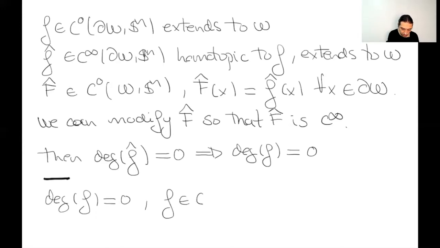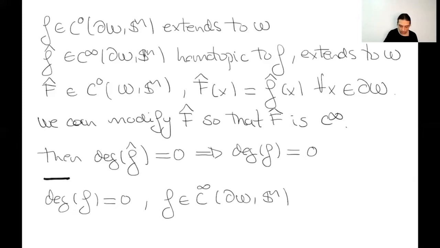Our f a priori is a continuous map from the boundary of W to Sn, but we can assume that it is C-infinity by considering a homotopic C-infinity map, because that map is going to have also degree 0, and if we can extend the second map, then we can extend the first. So without loss of generality, we can suppose that f is a C-infinity map, right?